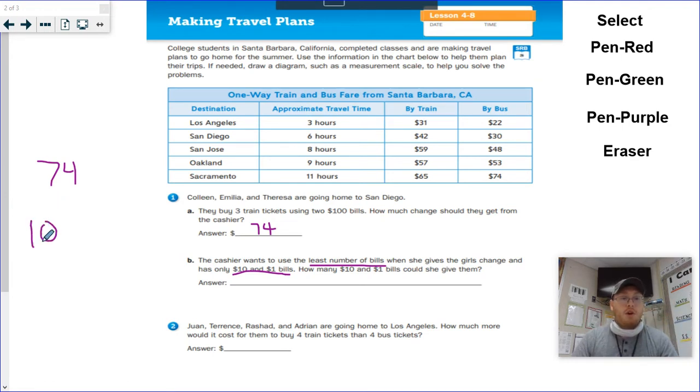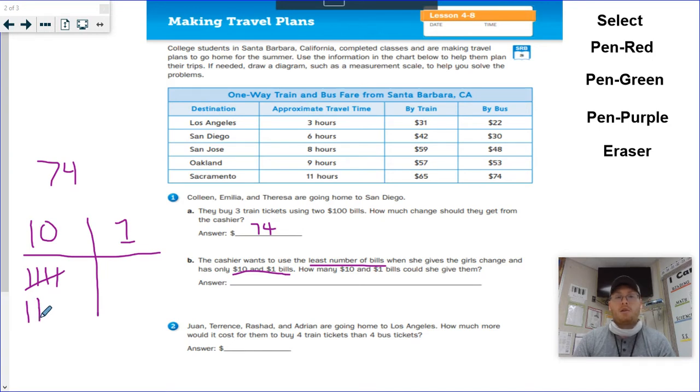So how many $10? So we're going to make a chart here. This is what I'm going to do. I'm going to make a chart. So $10 bills. We're going to tally these up and we're going to see how many $10 bills we can get out of 74. Okay. So if I took $10, $20, $30, $40, $50, $60, $70.